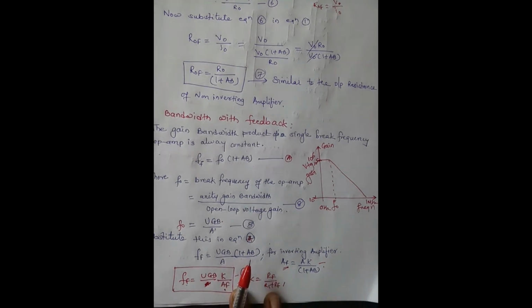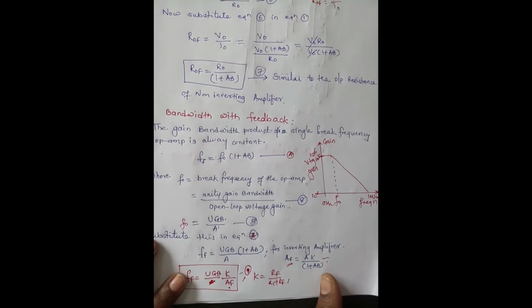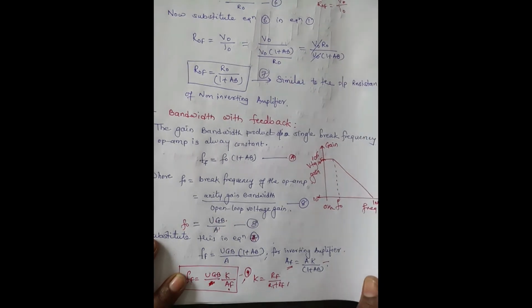It is similar to the bandwidth of the non-inverting amplifier, but the K factor will be there, where K will be given as R1 divided by R1 plus RF, and K may be less than 1. Okay. So we know that K will have a lower value, and that is maybe less than 1.